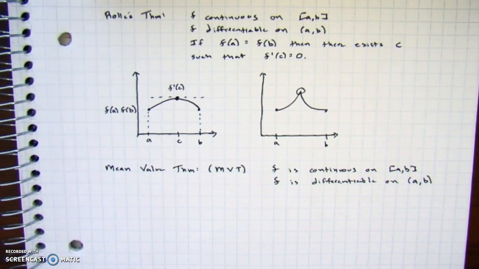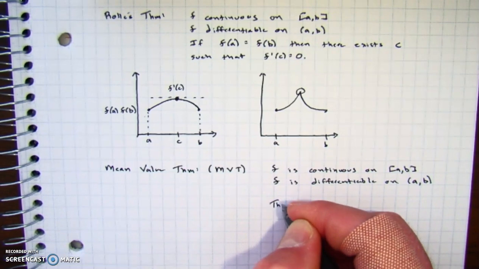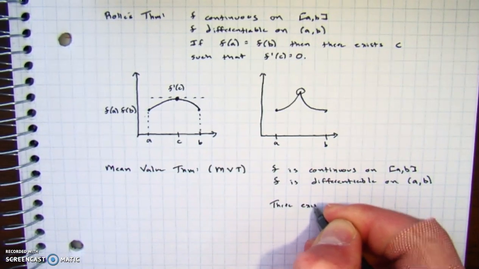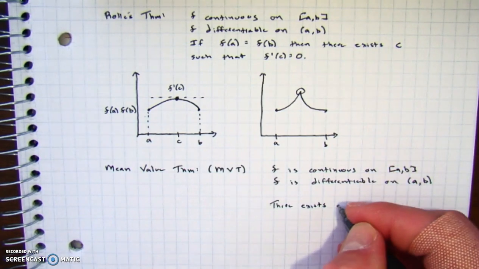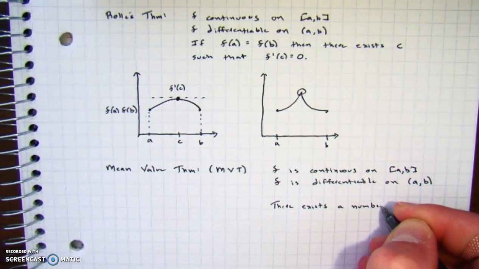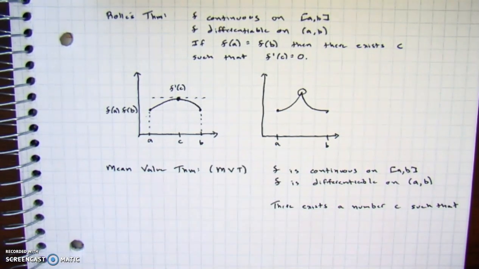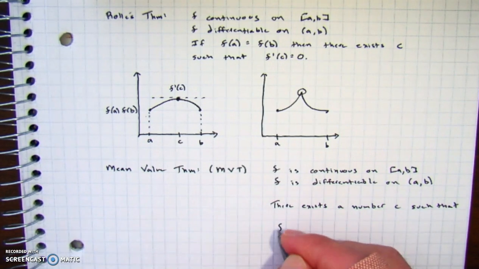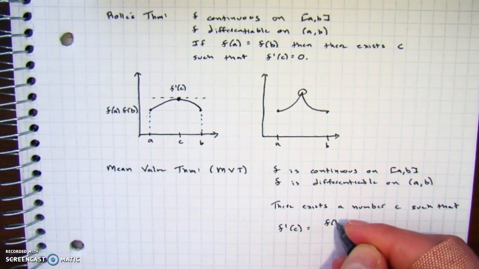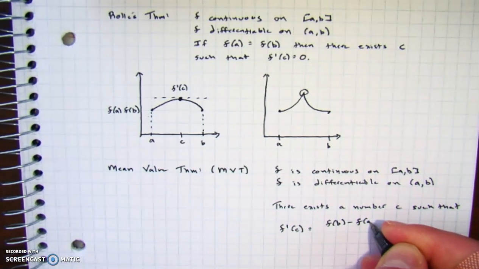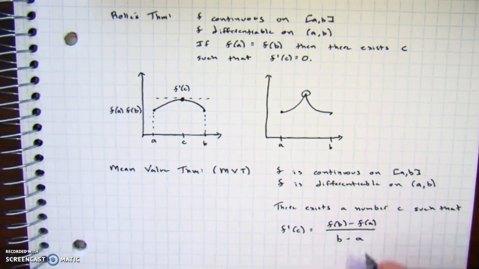We still have those two, and if that's the case, then there exists some point c, or a number c, such that f'(c) equals (f(b) minus f(a)) over (b minus a).